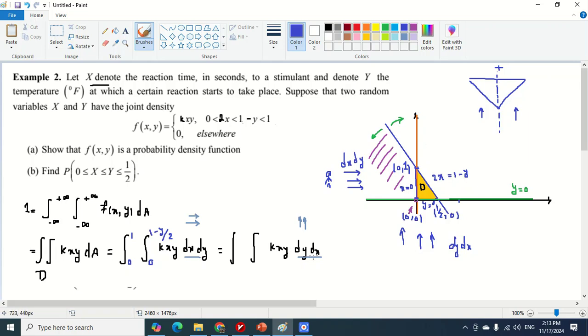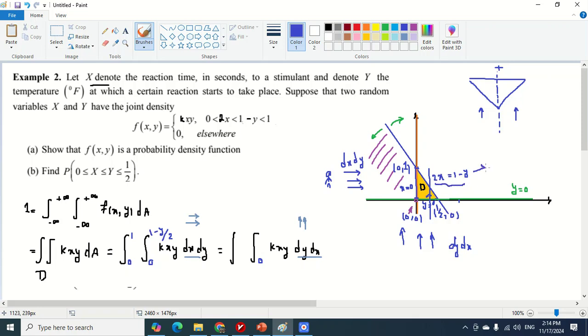But over here we have dy dx, and we just enter with the border of y equal to 0, so the entry border is y equal to 0. And let us take a look at the output, meaning that if you enter from y equal to 0, again you should cross this border, which is 2x equal to 1 minus y.